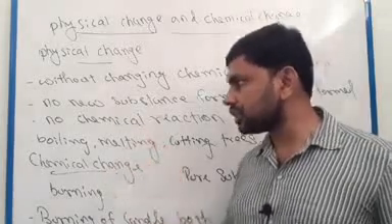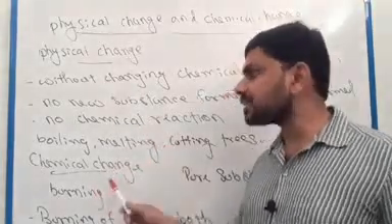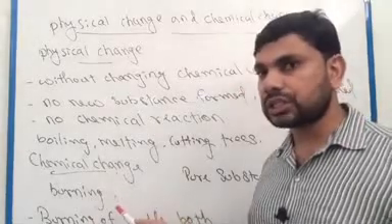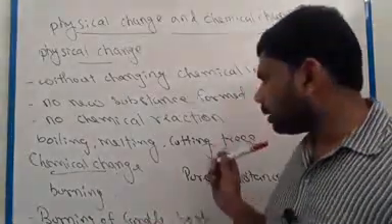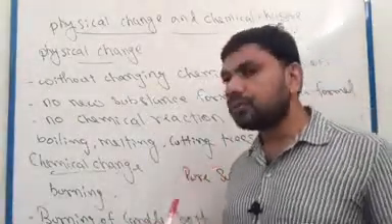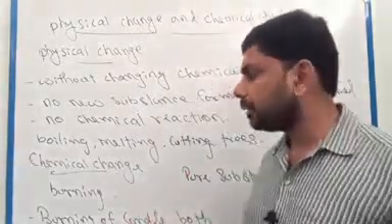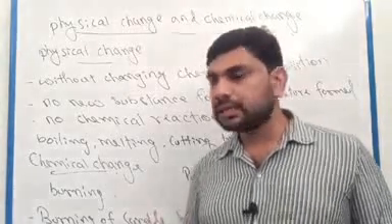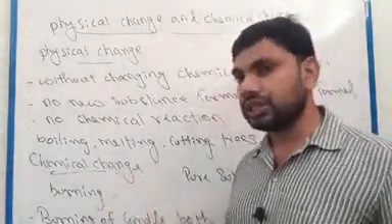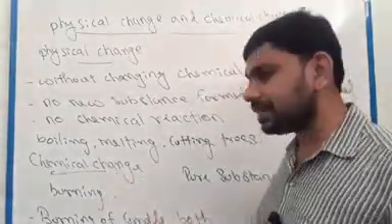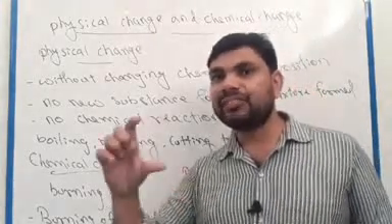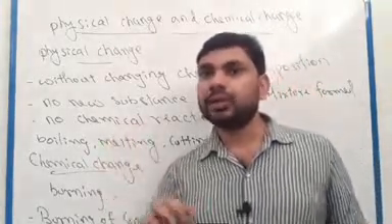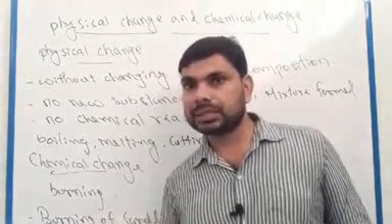Pure substances are formed by chemical change. Burning of fuels, burning of paper, and metals reacting with acid are examples of chemical change. Burning of a candle: candle wax is in solid state, and when you burn it, it will melt and change to liquid state.